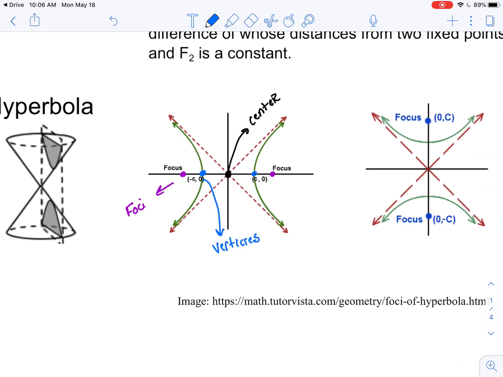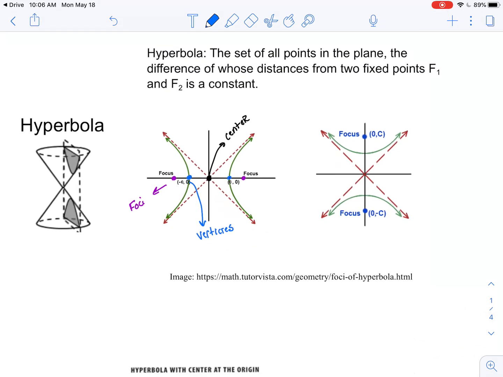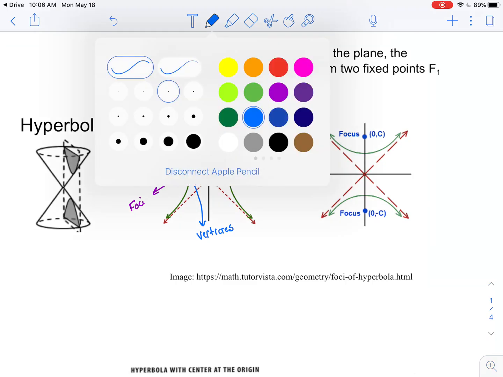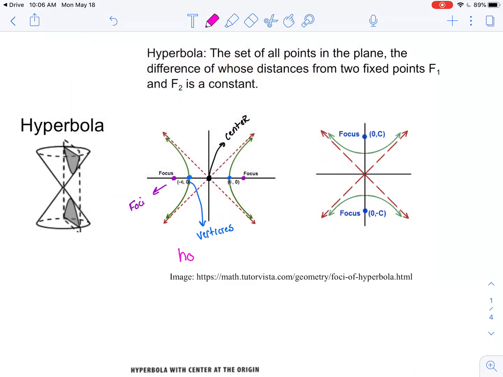And then you'll also notice that sometimes the curves open right and left. That would be a horizontal hyperbola. And sometimes they open up and down, and that will be a vertical hyperbola.